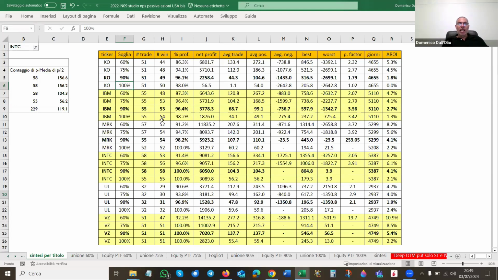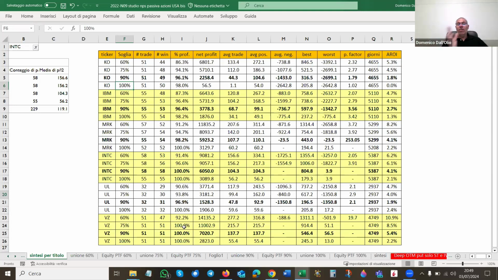Anyway, look at other underlyings such as Verizon Communications, which is by far the best one. Even with the threshold 75%, the empirical rate of success is 100%. You never lose.